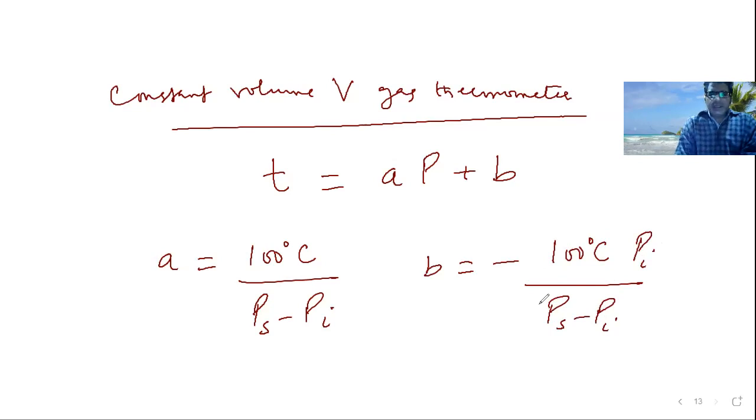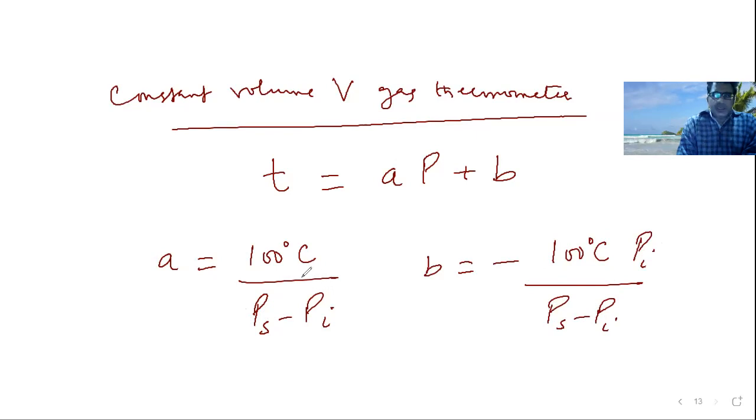Now what is Ps and Pi? Ps is the pressure in the gas of the thermometer when it is in thermal equilibrium with steam point.